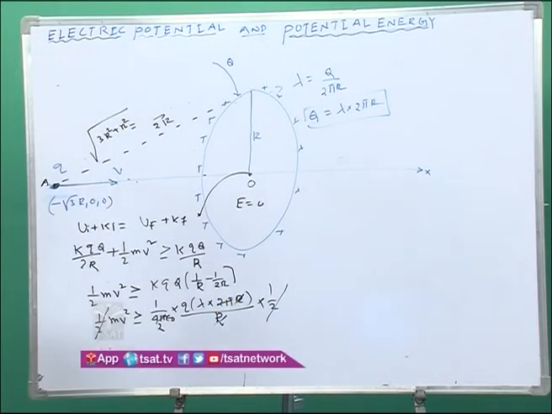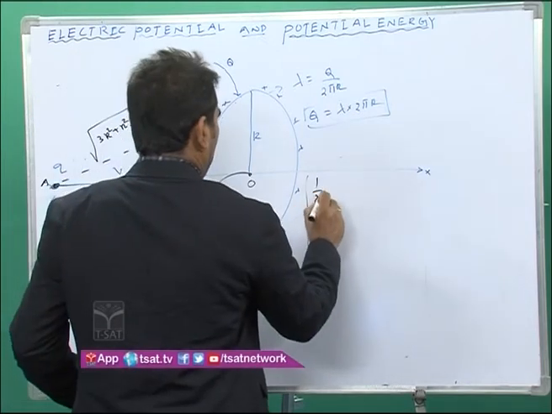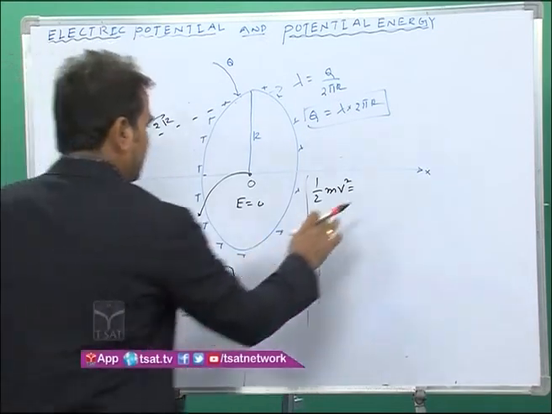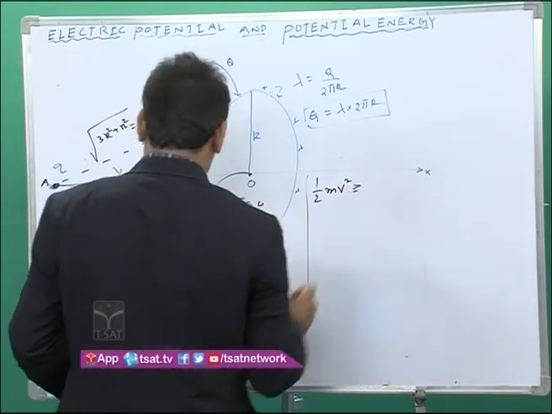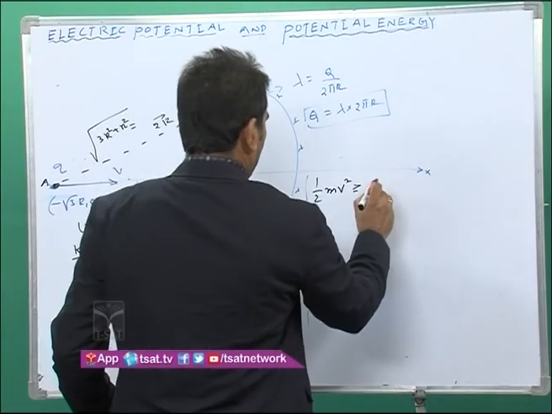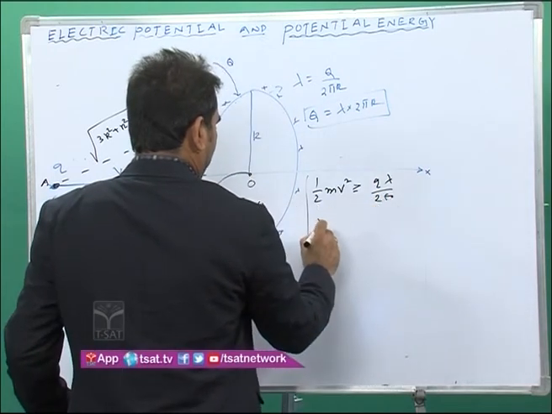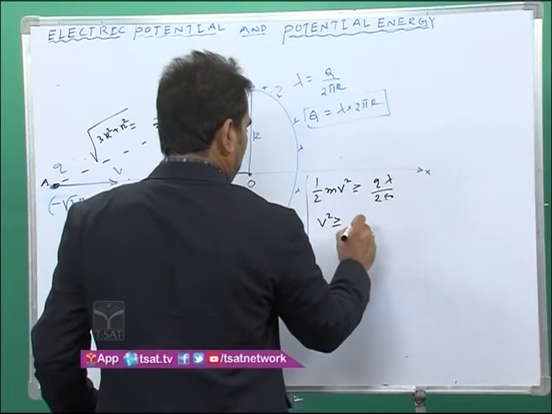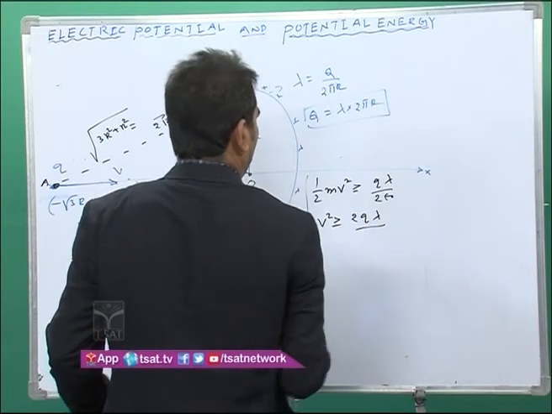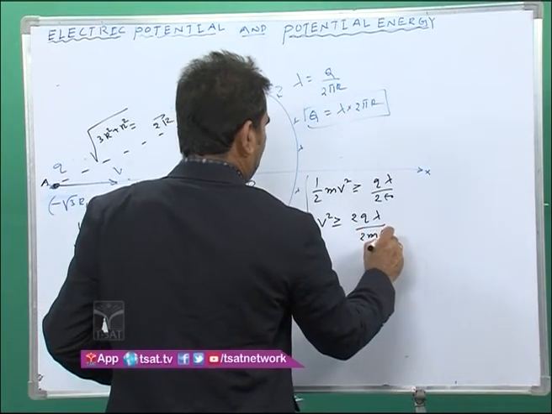The remaining term is half m v squared, which is greater than or equal to q lambda upon 2 epsilon naught. Therefore, v squared is greater than or equal to q lambda upon 2 m epsilon naught.